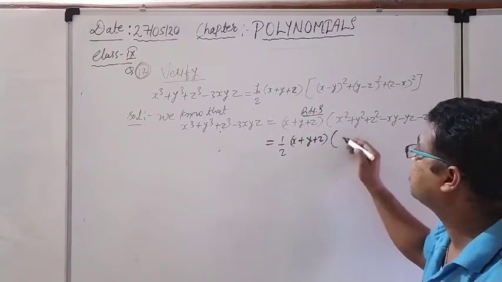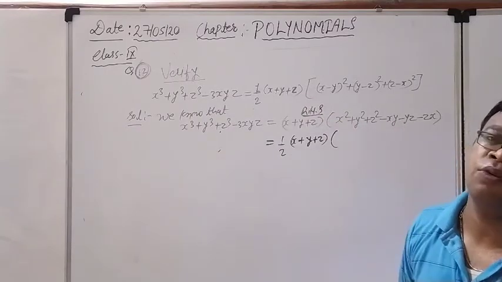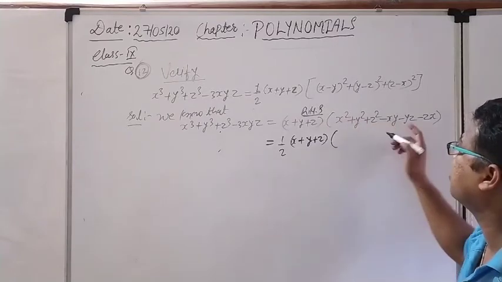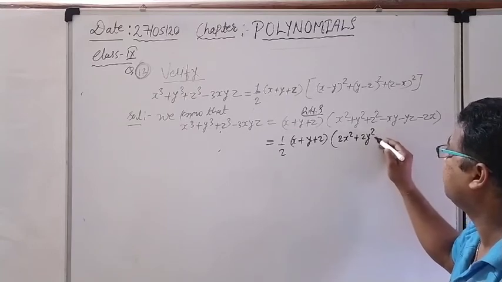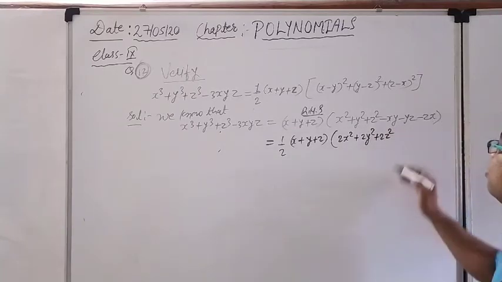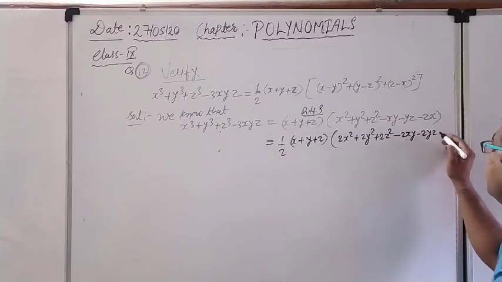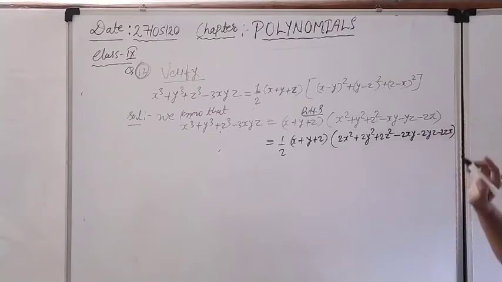Whatever we have to multiply with the 2 also, because when we are dividing by 2, definitely we have to multiply by 2 also. So it will become 2x square, 2y square, 2z square, because 2 will be multiplied with each and every term. This will become minus 2xy, minus 2yz, and minus 2zx. Is it okay? Yes. Minus 2zx.